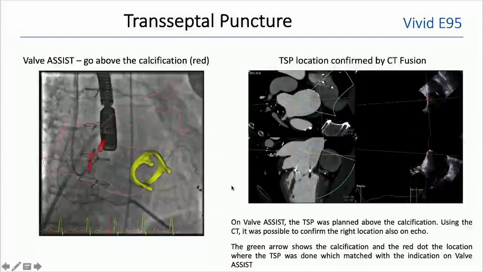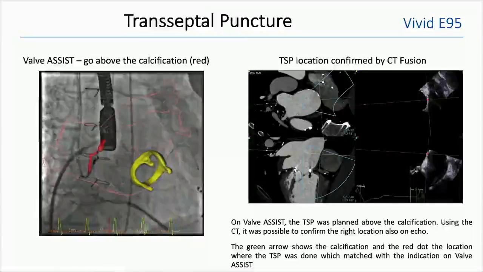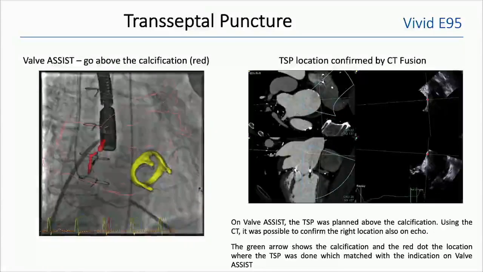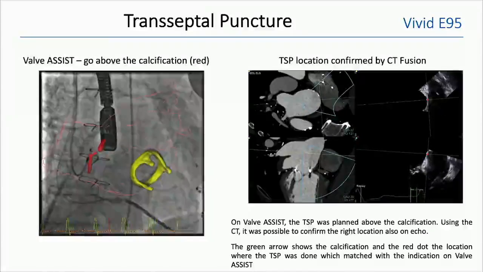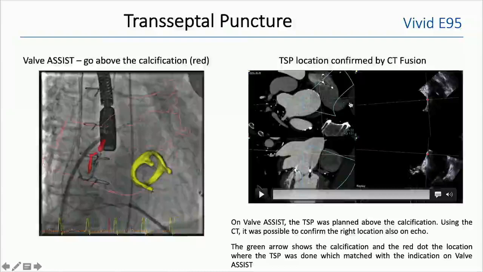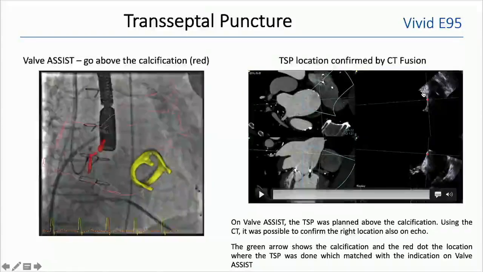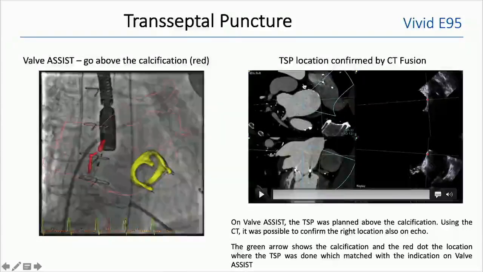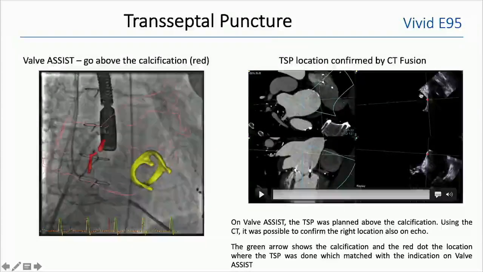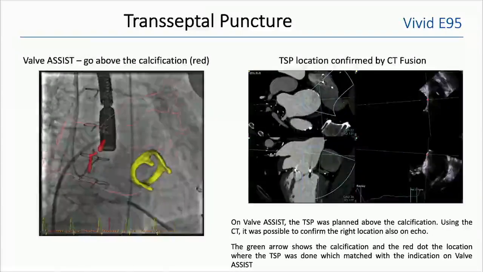Now on the Valve Assist platform, we also planned the transeptal puncture, and we were also able to point out using the CT and the TOE exactly where the calcification was, and this area could be avoided. I think you can appreciate that if you used the transesophageal echo images alone, you cannot appreciate the subtle calcification over the intraatrial septum. Once you actually incorporate the CT with the echo dataset, you know precisely which areas to avoid.